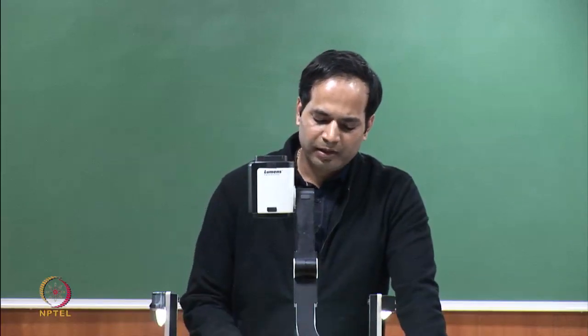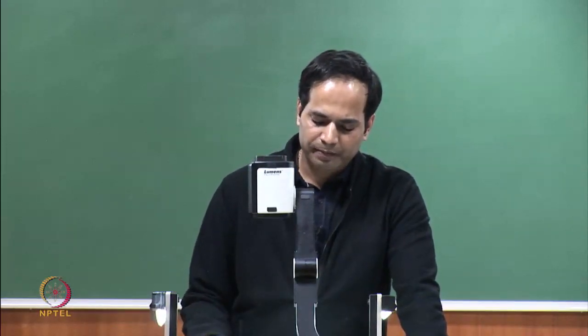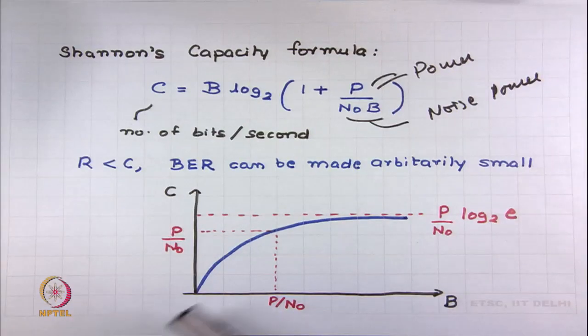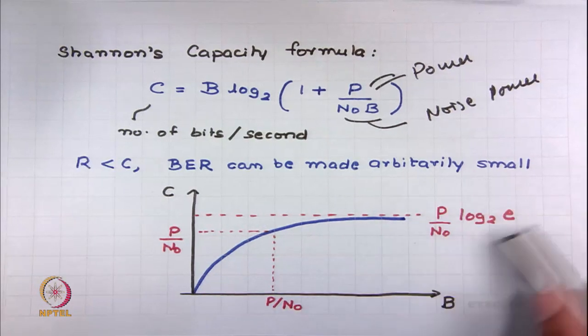So, you can increase the capacity by having large B, but not to infinity, and this is the upper limit.